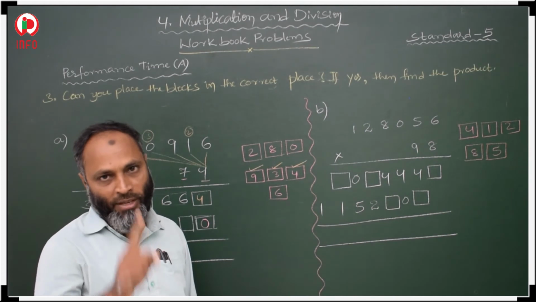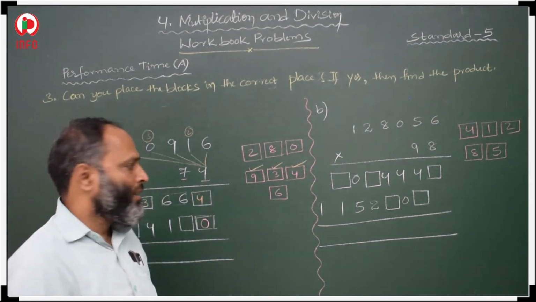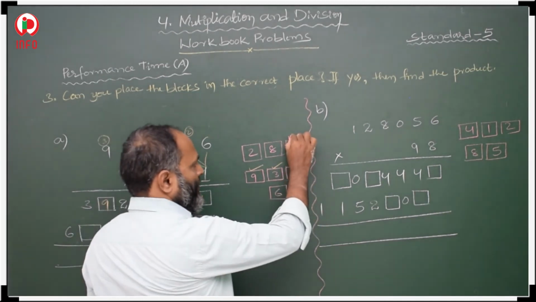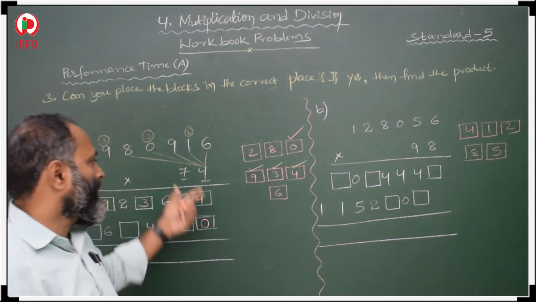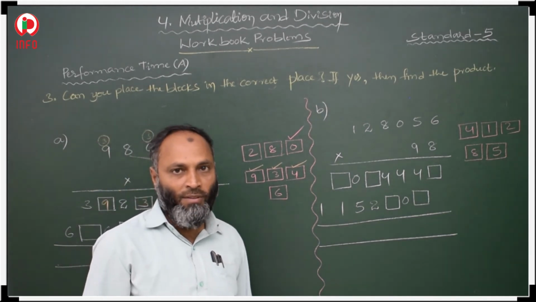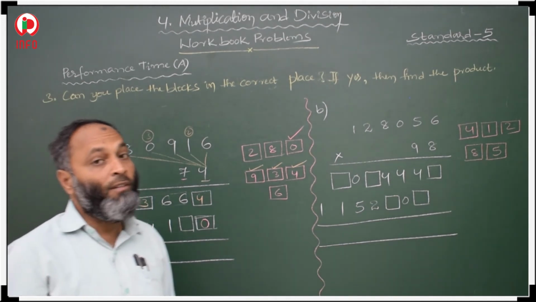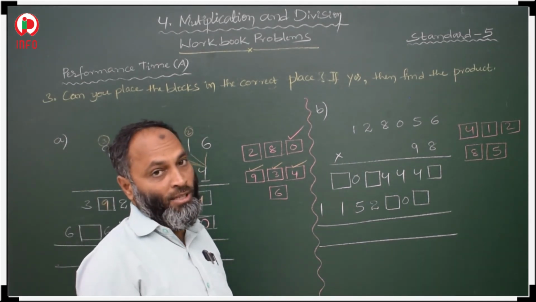If we multiply with 10, we will get 1 0 in the ones place. That is why we always take 1 0 when we start with the tens place.